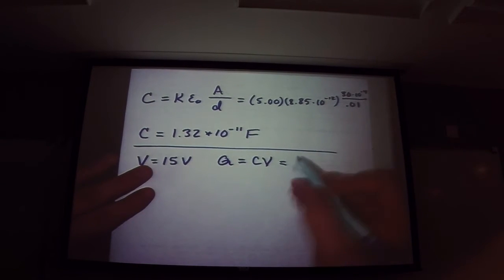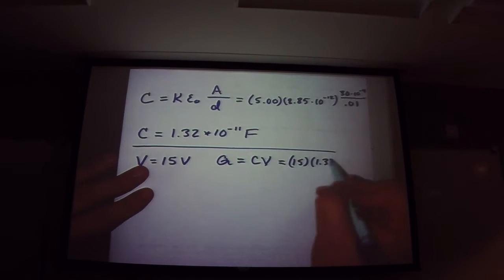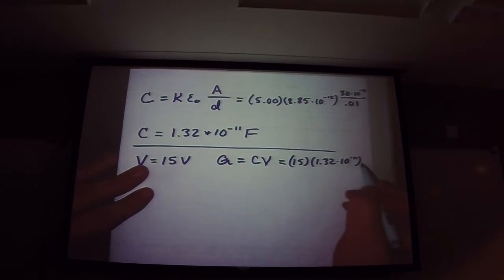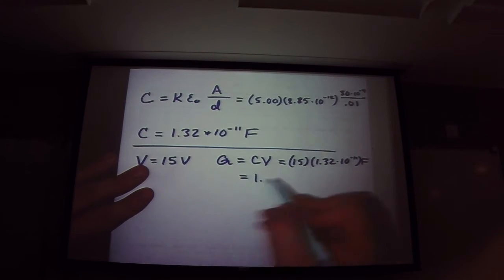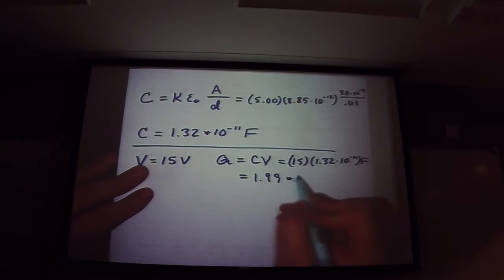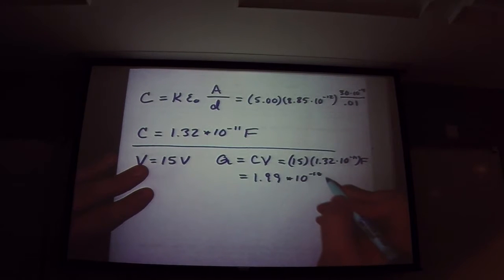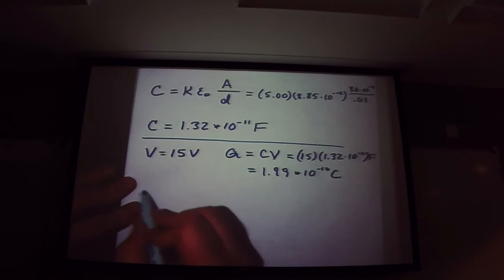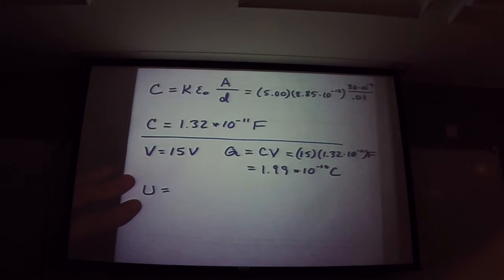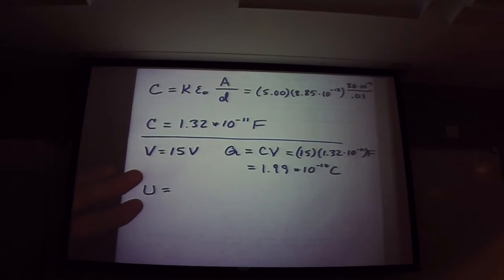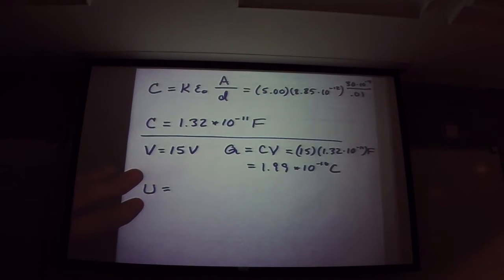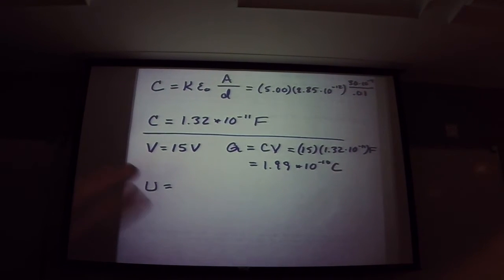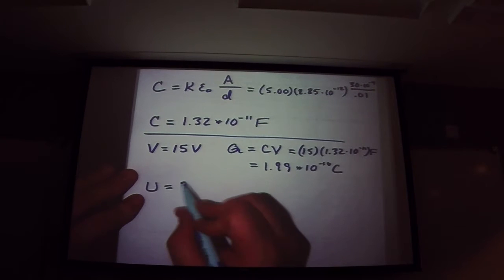So we have 15 volts times 1.32 times 10 to the negative 11, which is 1.99 times 10 to the negative 10 coulombs. And if we calculate the energy, geez, it's going to be something really small. So 15 times 1.99 is 29 point something, 2.98 times 10 to the negative 9.